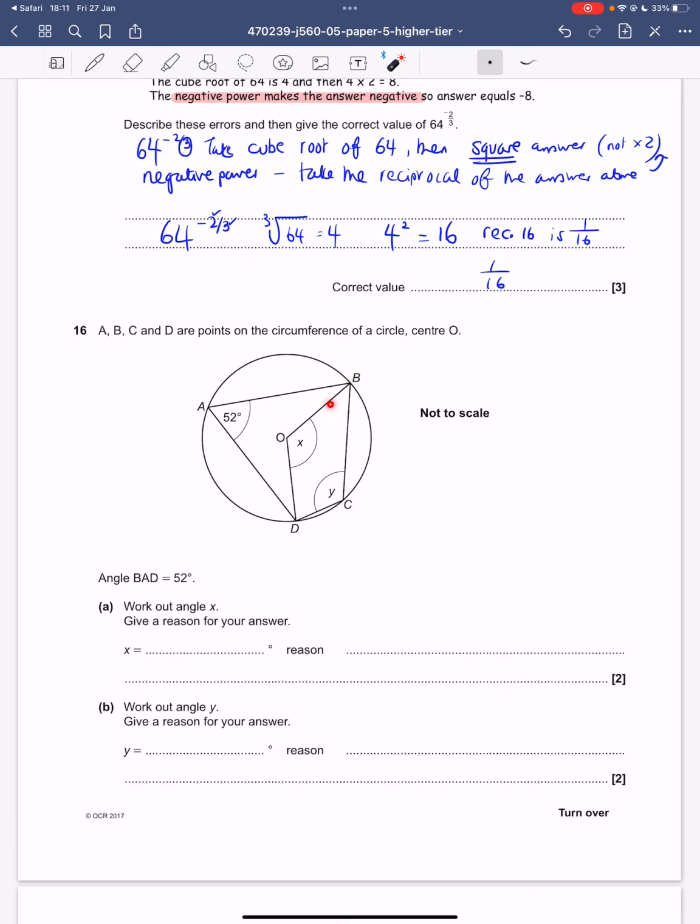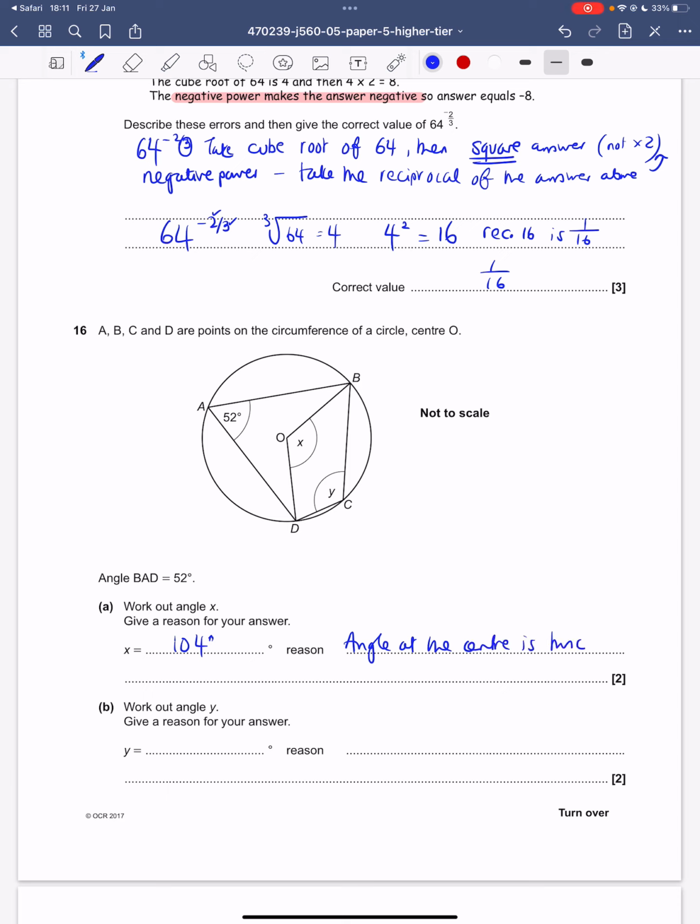So you start from B, go to the centre and then to D. Start from B, go to the circumference and then to D. The angle at the centre is always twice as wide as the angle at the circumference. So x is going to be 2 times 52. x is 104 degrees.